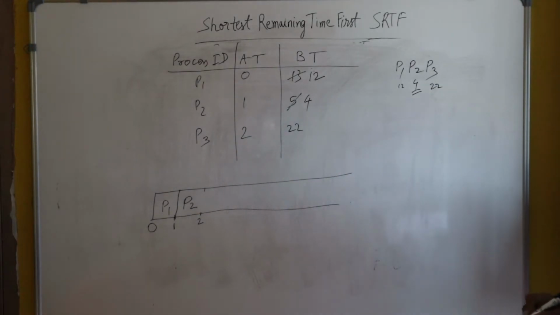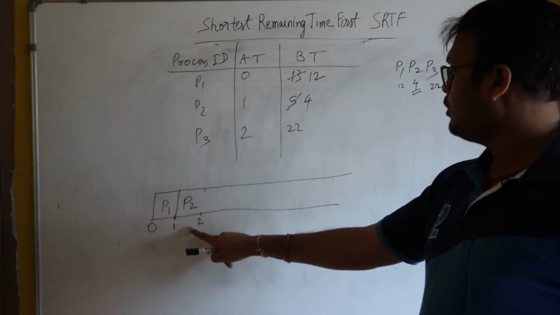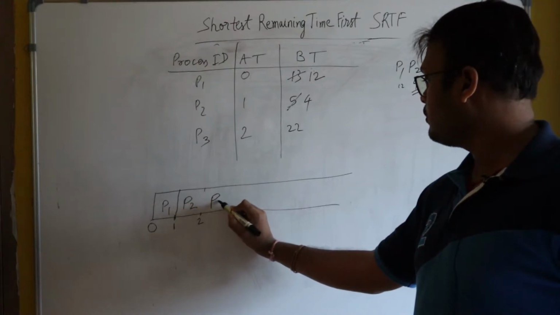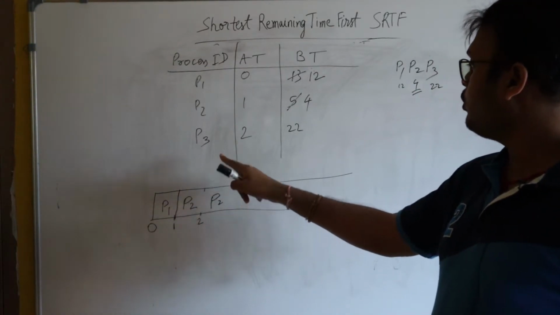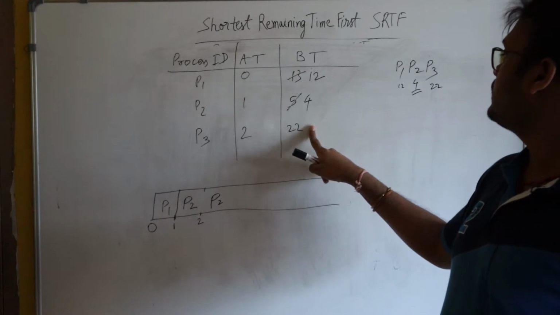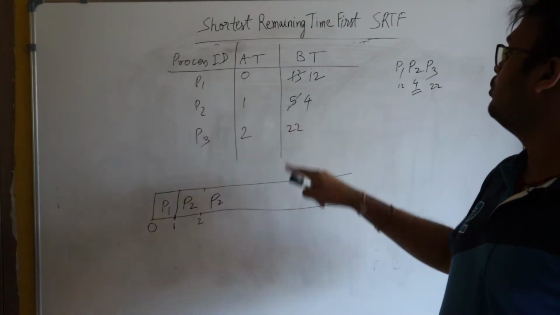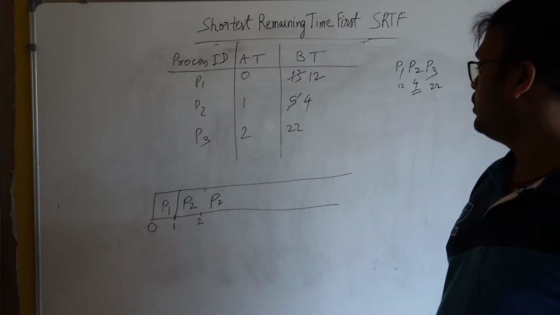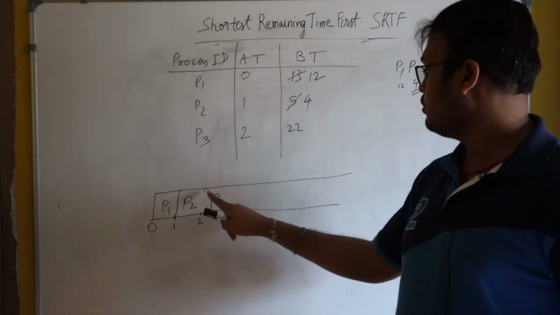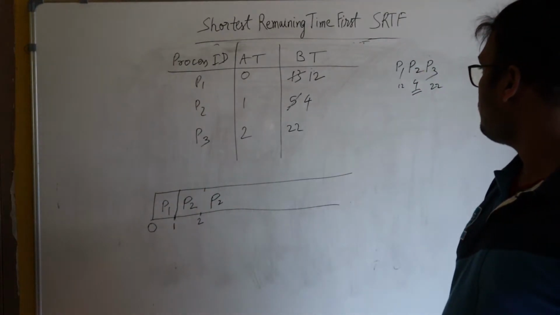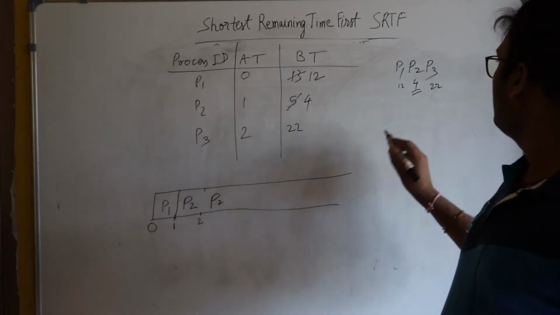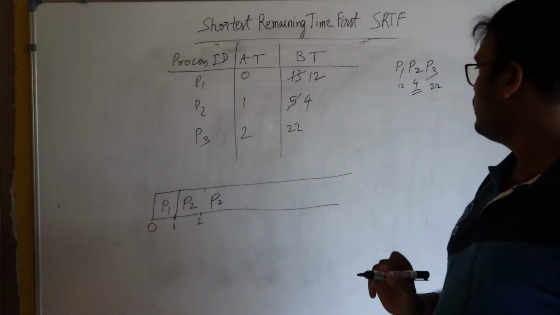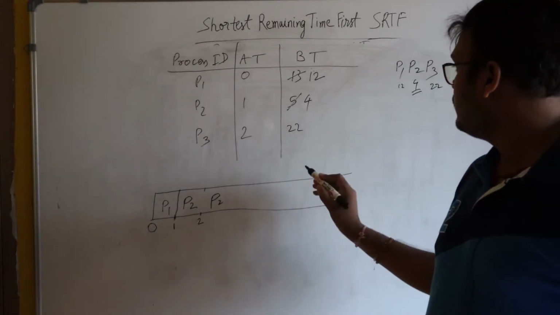Obviously P2 has the lowest burst time. So rather than context switching, the CPU will remain with P2 here. The CPU will not be given to P3, because P3 has a higher burst time than P2. So there will be no context switching.